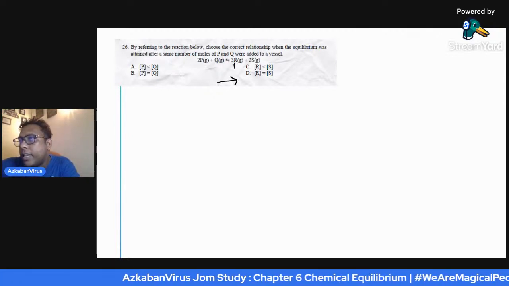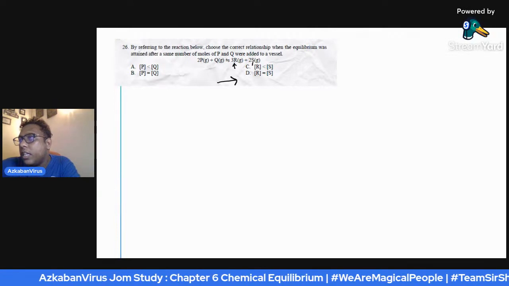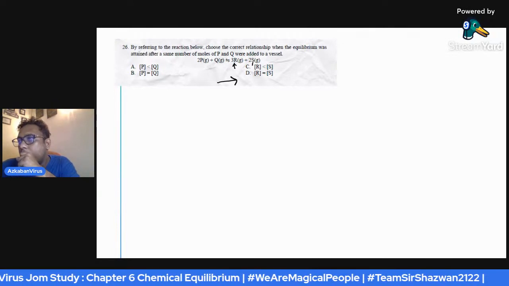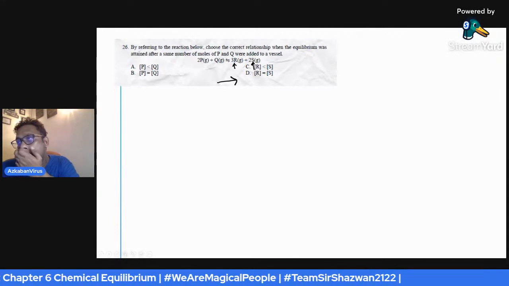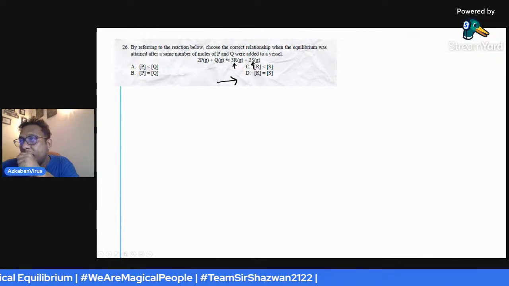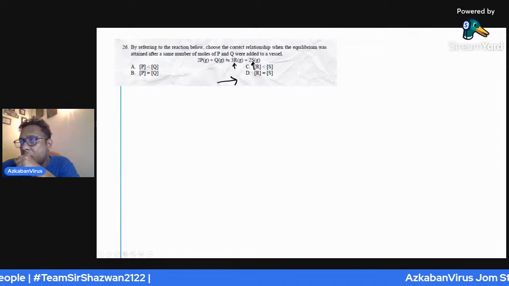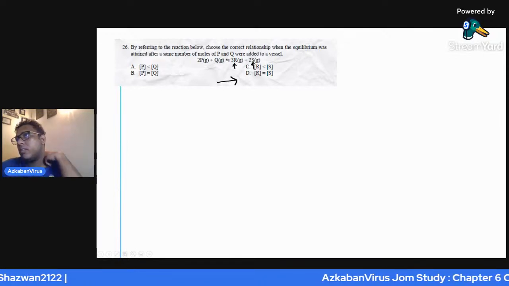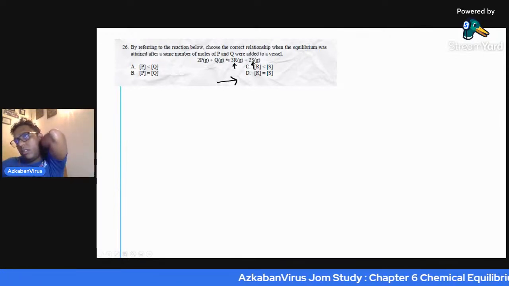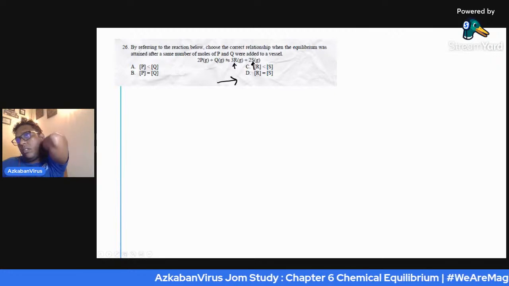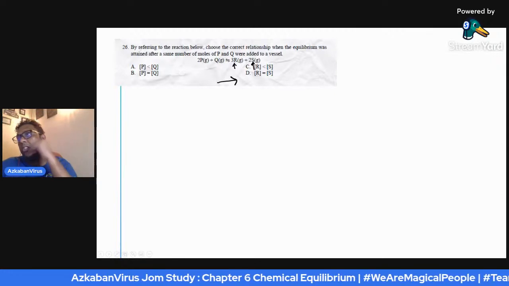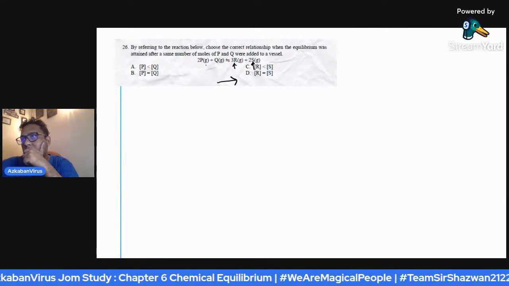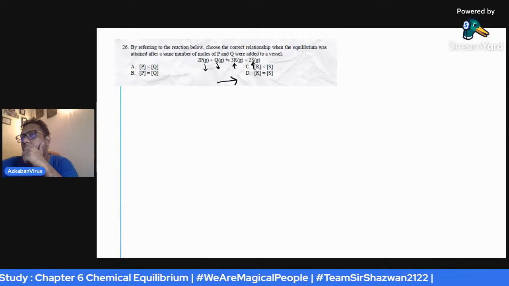Dia akan menghasilkan ini dan ini. Kita tengok perkali stoichiometry dia. Ini akan berkurang, ini akan berkurang.